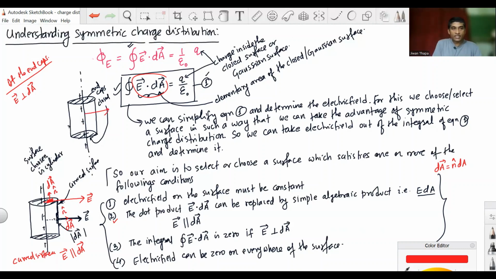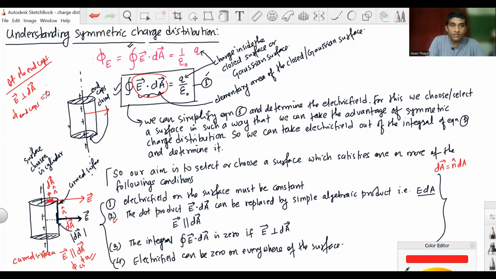So at the end cap, electric field and area vector are perpendicular to each other. So it means that flux through the end caps, both the end caps, is 0. Clear? So we only get flux through the curved surface. This is not 0.